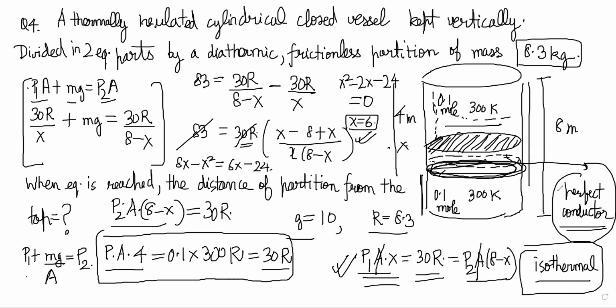So we just connect their initial pressures to their final P1 and P2, and we got a condition between P1 and P2 in the final state. The other condition is that P1 plus the weight of the partition must be balanced by P2. So these two equations together, if you solve, you will know the X. Is it clear?